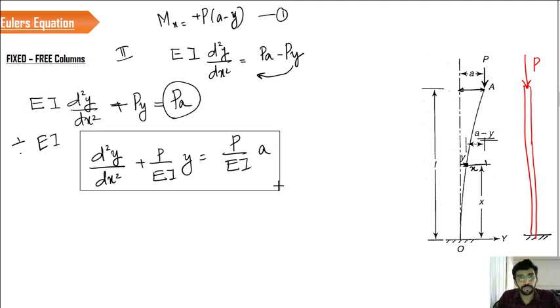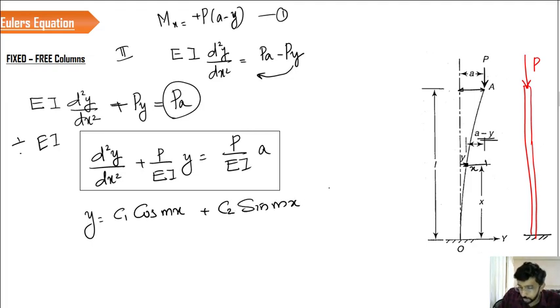Now for this kind of expression, the solution is y is equal to c1 cos mx plus c2 sin mx plus a. When we compare with the previous derivation, an additional term a has been added to the solution. In the previous case, the differential equation was equal to 0. Now we have an additional term P by EI into a here.